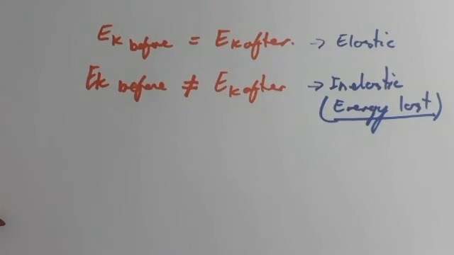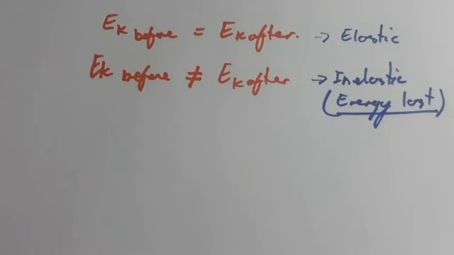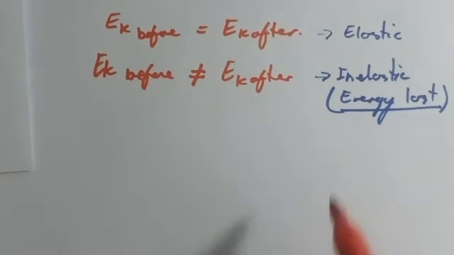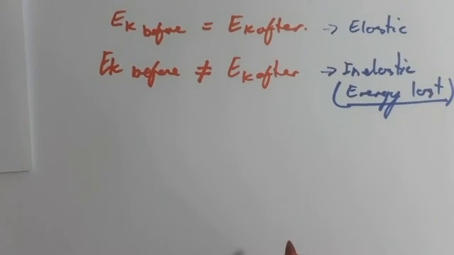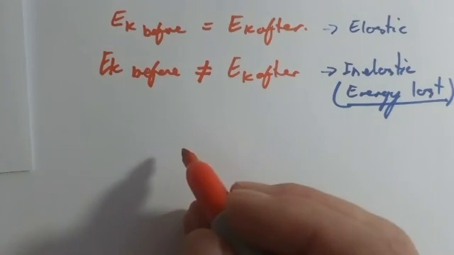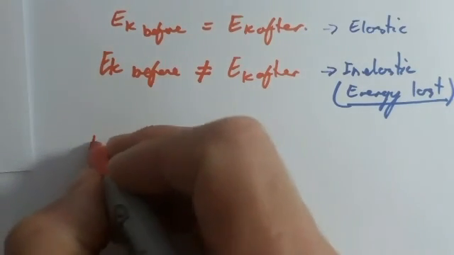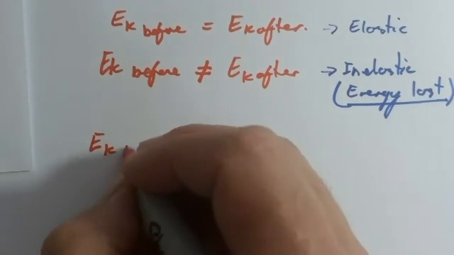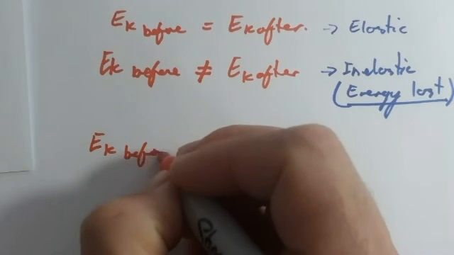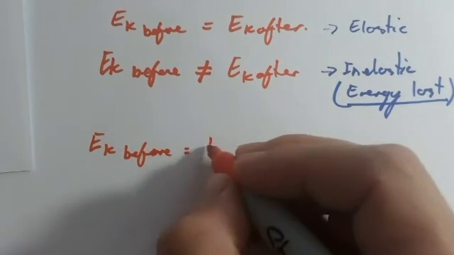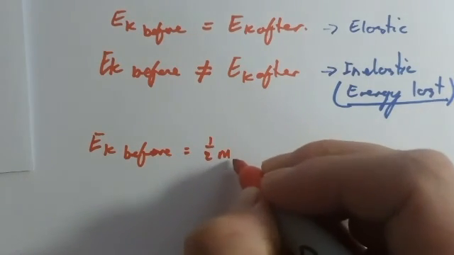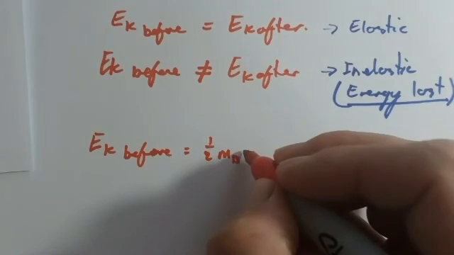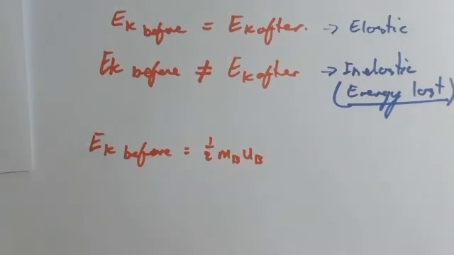So let's do this quickly again. So we bring back from our whole thing. So we start with, and because we don't know, we need to do it as separate calculations. We need to go and calculate EK before, and that is a half MB UB squared, right?